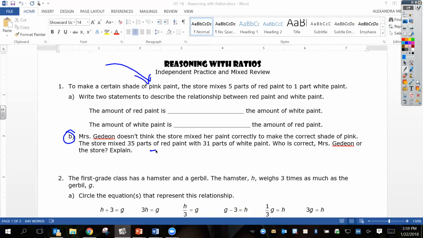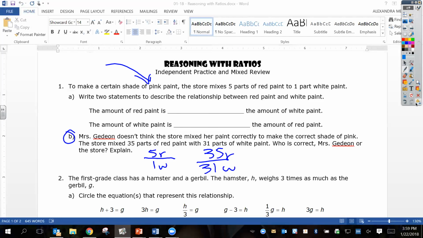It says 5 red to 1 white. Now let's see what our actual story says. The store mixed 35 red to 31 white. Who is correct? Did the store do a good job, or did Ms. G say, yep, they definitely messed up? That's what you're going to be answering.